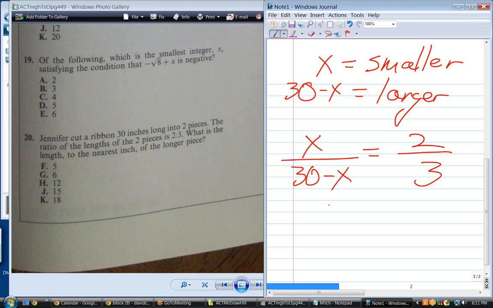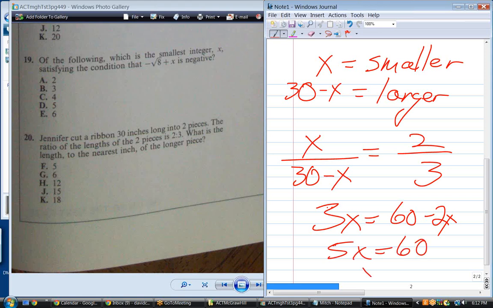Cross multiply. So we got 3x equals 60 minus 2x. Next? It'd be x equals 60. What? 5x equals 60. Oh, 5x. So x would equal 60 divided by 5.